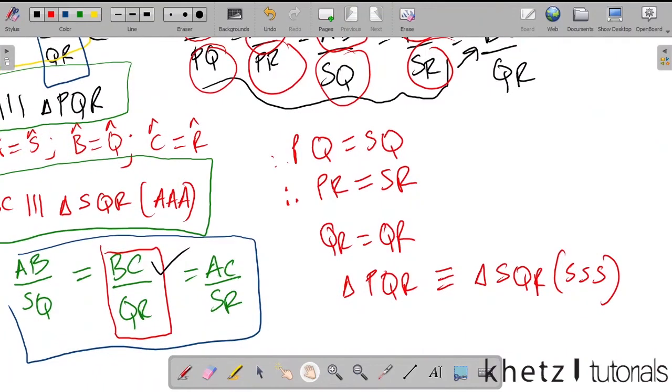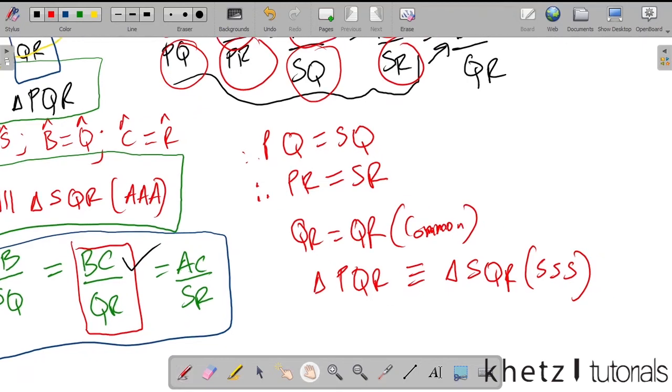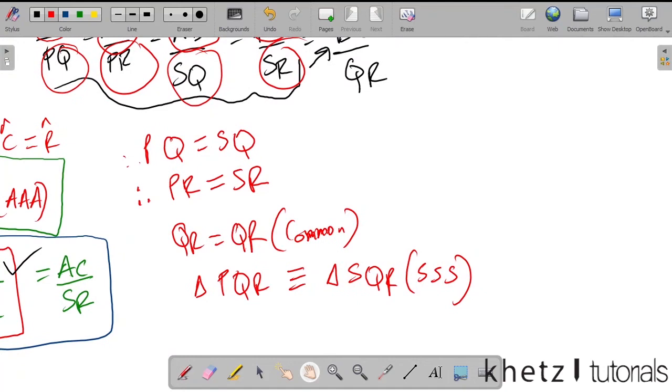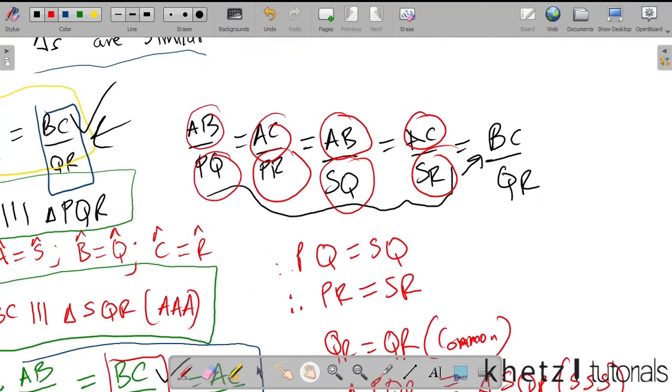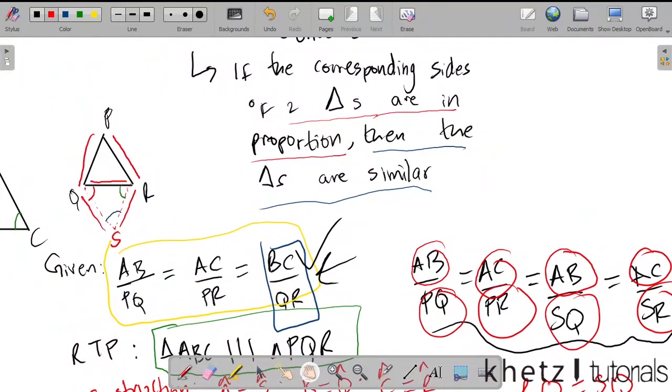So you can also give a reason here if you like: common side. And we can finally say that the two triangles PQR and SQR are actually congruent. So they're exactly the same.